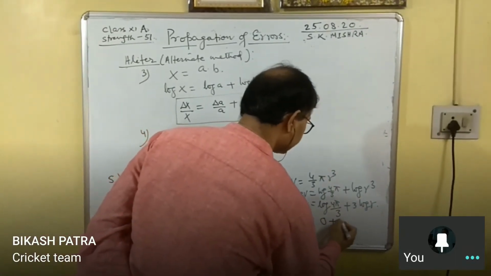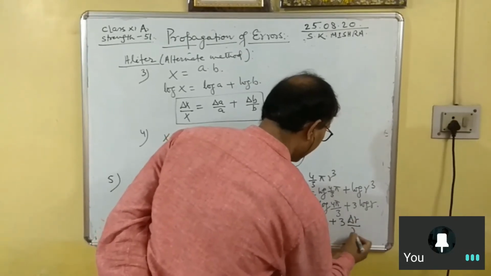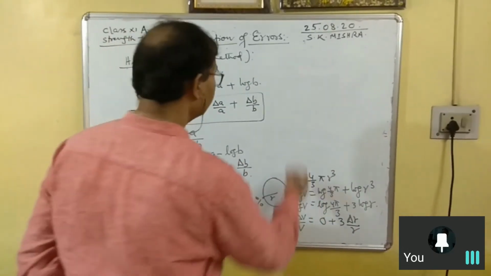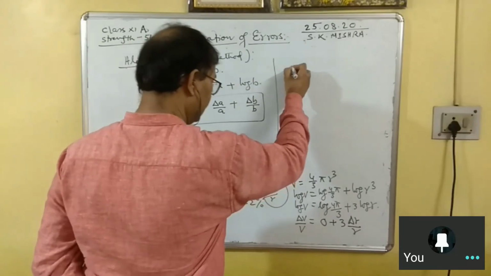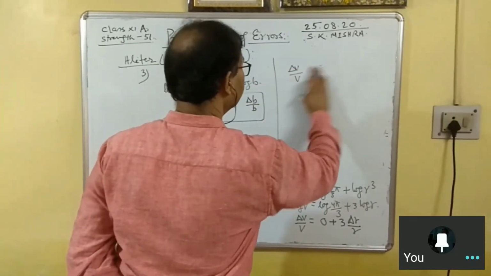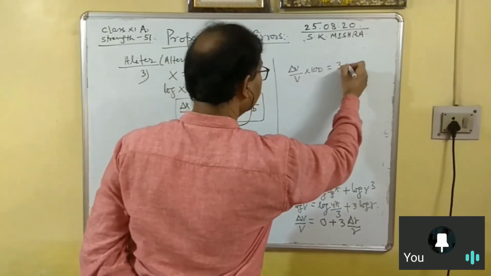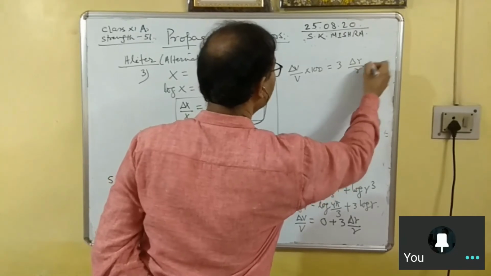Plus 3, and the differentiation of log r is del r by r. Now finally, we are writing it here: delta V by V into 100 is equal to 3 delta r by r into 100.